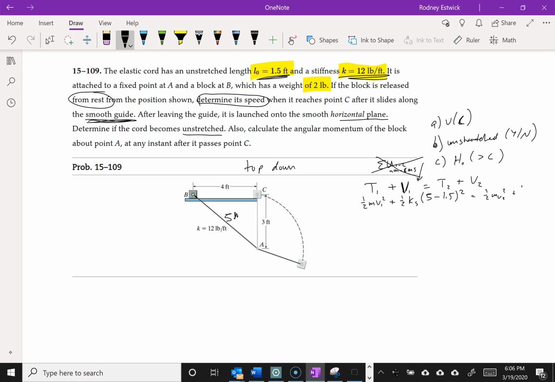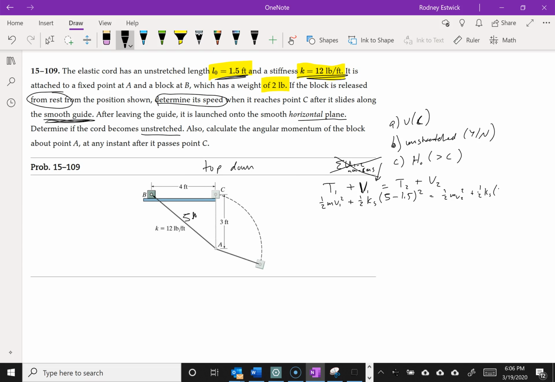Plus 1/2 of ks times 3 minus 1.5 squared. All right, so there's no initial speed. This term is 0. These two obviously can kind of come together here. And the halves cancel. Half everywhere. So V2 squared, I'll divide everything by mass, is going to be Ks over m times 5 minus 1.5 squared minus 1.5 squared.